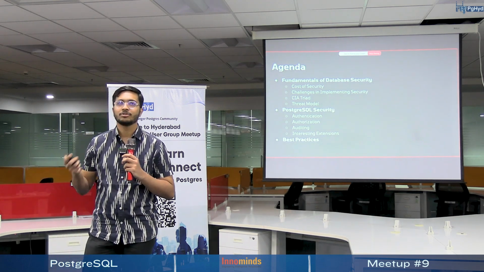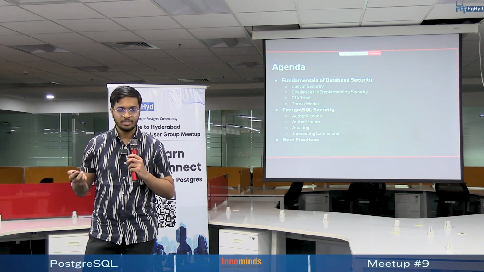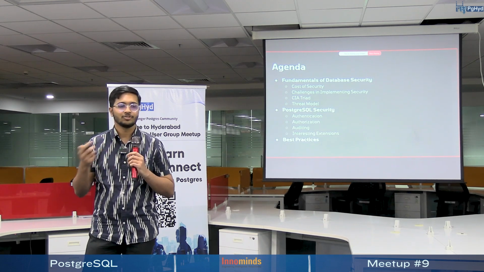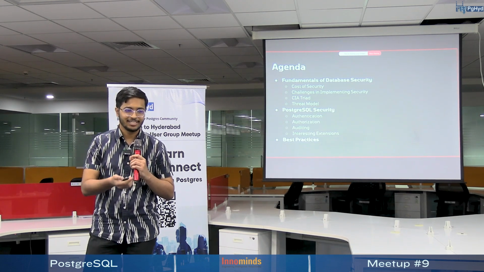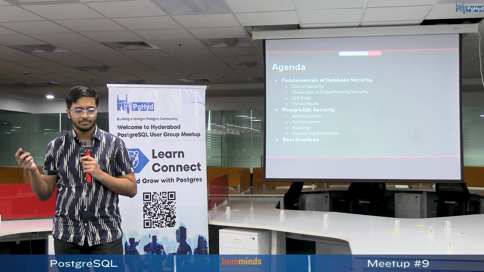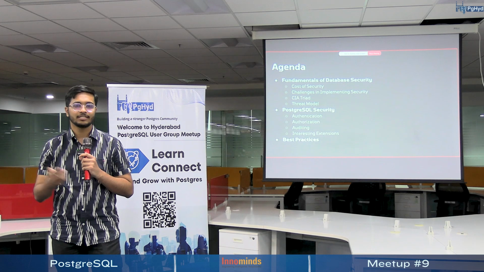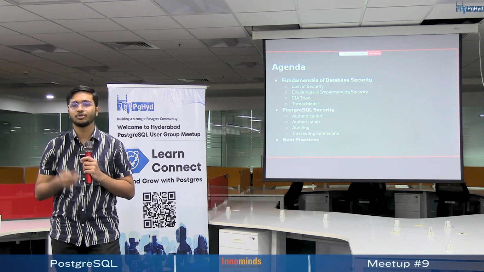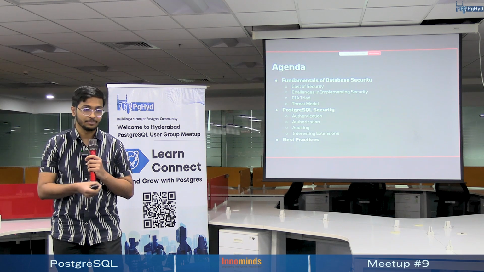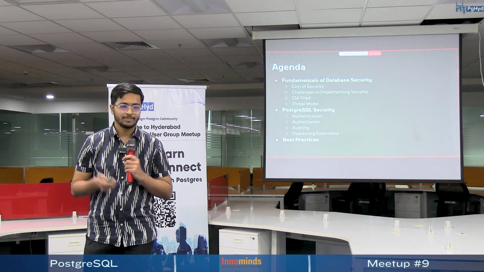Then I'm going to talk about some features in PostgreSQL around authentication and authorization. There is no feature around auditing that I've added, but I've already mentioned it here. Then some interesting extensions that you can use to improve your database security or the security of the data present in your database. And then a couple of best practices.